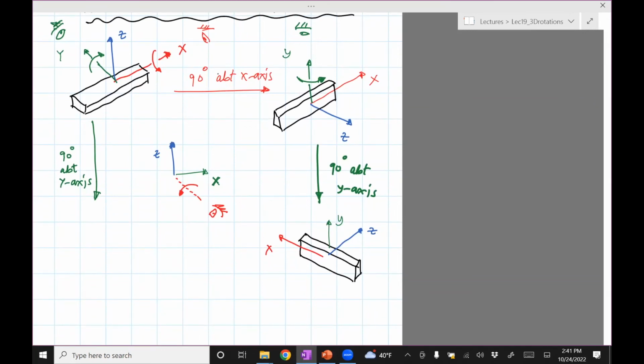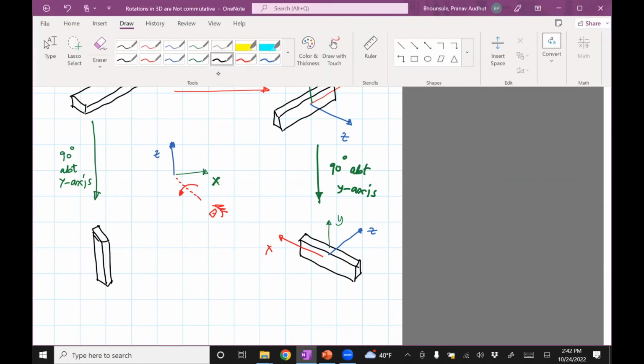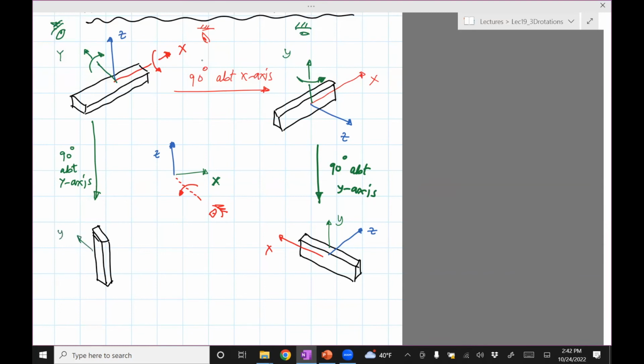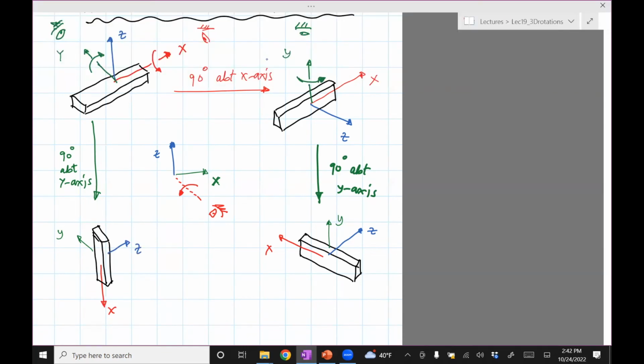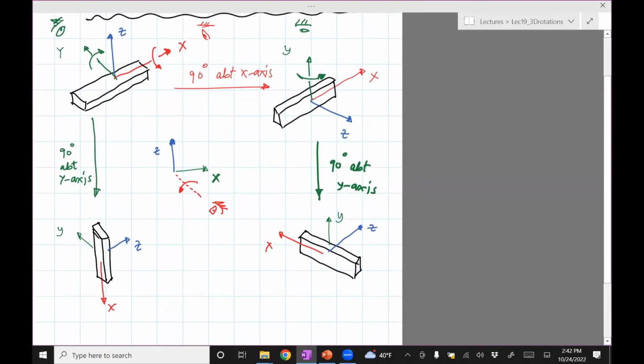The object will remain unchanged about the y-axis, but we will have something like this. Y is unchanged. X is going to move down now. And then z would be this way.